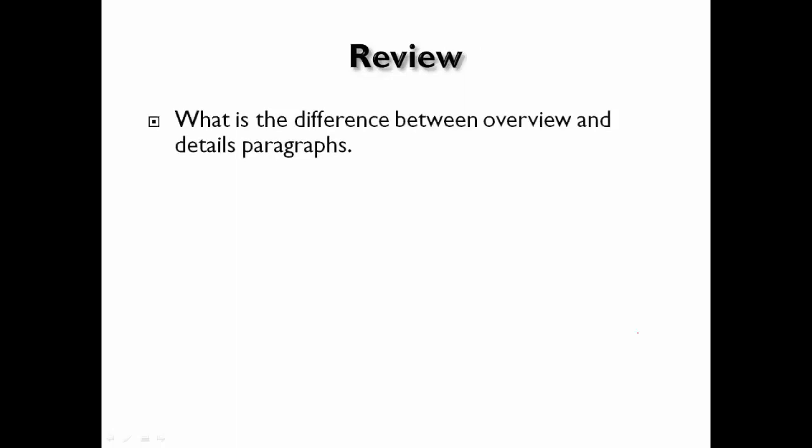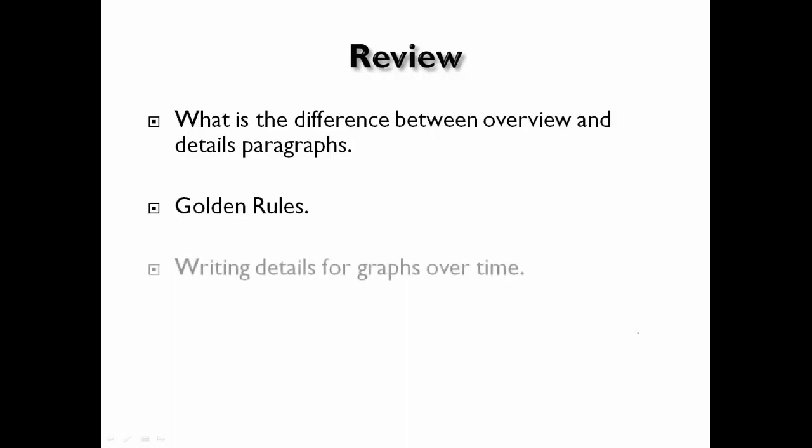So let's review what we did in this module. We looked at what the difference is between an overview and a details paragraph. An overview is where you talk very generally about the most important data. The details paragraph is where you take those important things and support them with data. You describe them in detail. We looked at the golden rules, the things that you should and shouldn't do in order to write a good details paragraph. We looked at writing details for graphs over time.